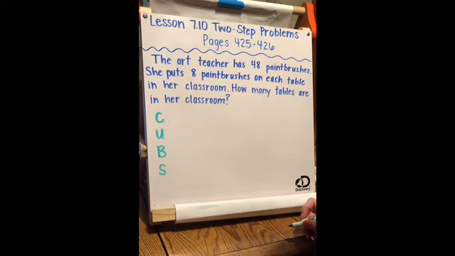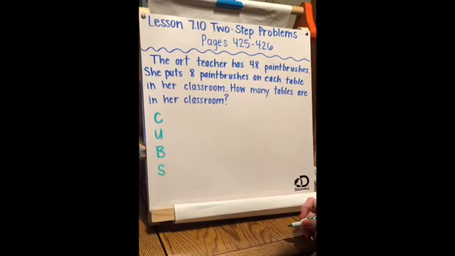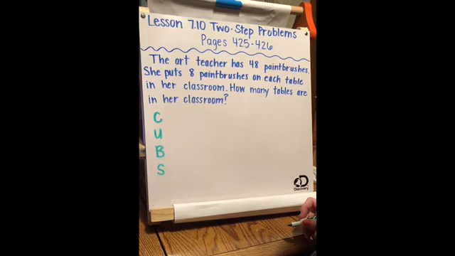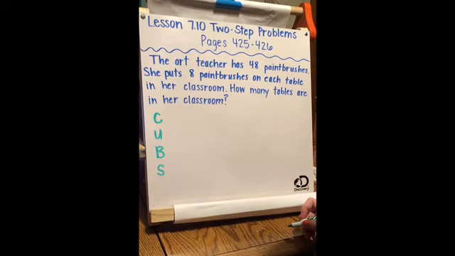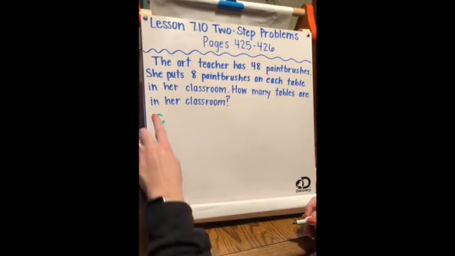So let's do that. The art teacher has 48 paintbrushes. She puts 8 paintbrushes on each table in her classroom. How many tables are in her classroom? Now, when we read it the second time, we really want to start thinking about CUBS.